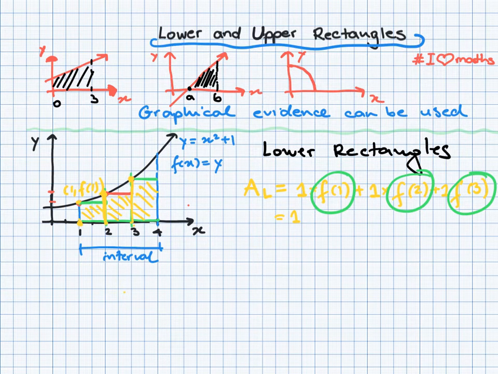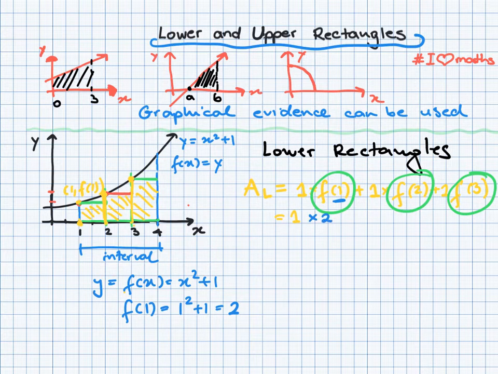Let me use blue. So f of x is equal to x to the power of 2 plus 1. When x is equal to 1, f of 1 is equal to 1 to the power of 2 plus 1, which is equal to 2.